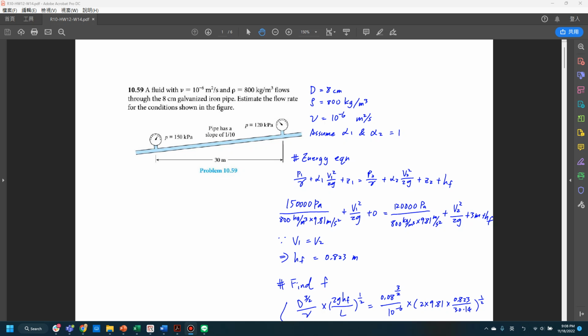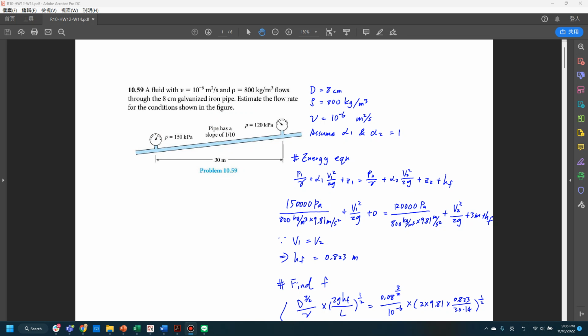So let's get started. In this problem 10.59, we have a fluid given the condition shown in this diagram. We want to solve for the flow rate.